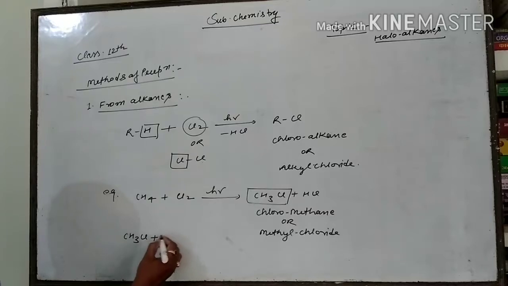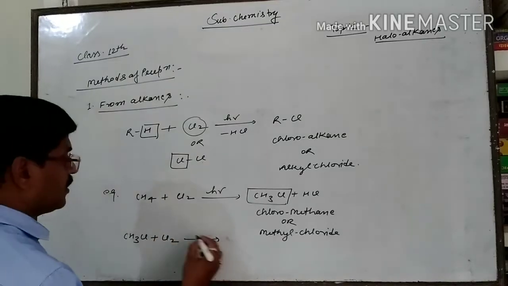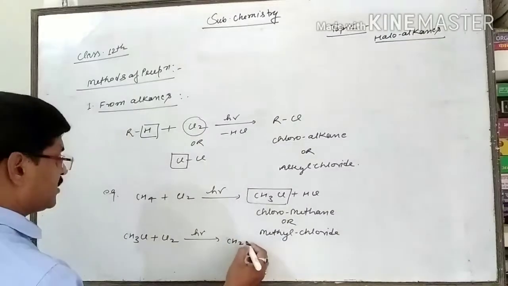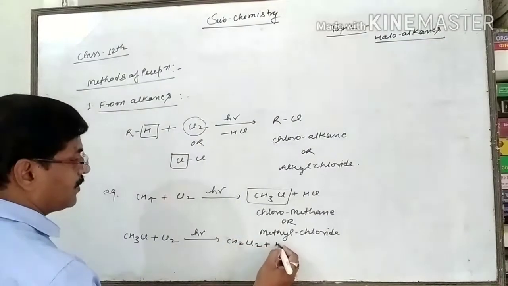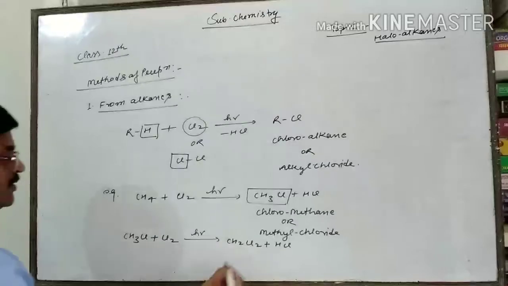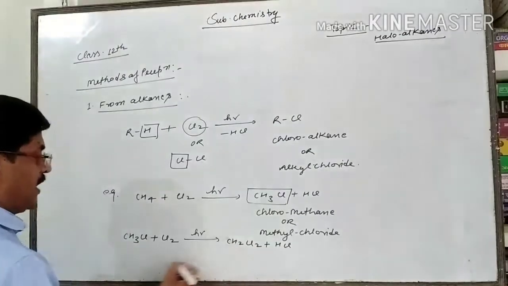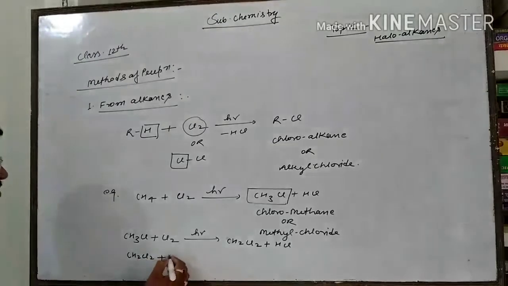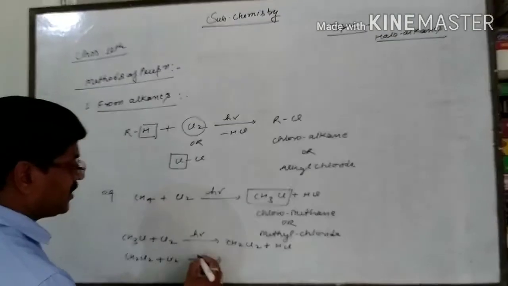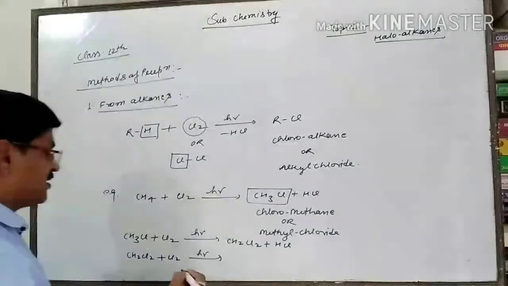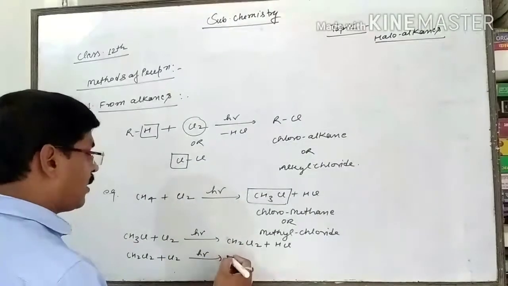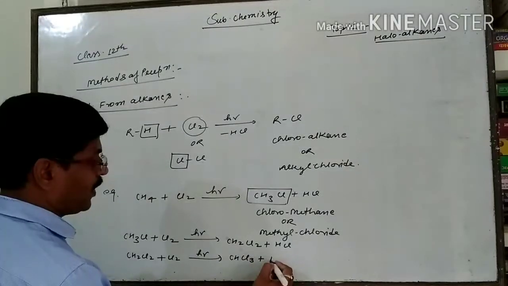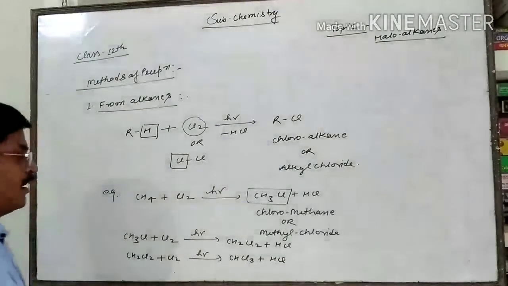Some more steps all of you have seen. CH3Cl, once again Cl2 passed here. It will give CH2Cl2 with formation of HCl. This is methylene dichloride. After that, in the third step, CH2Cl2, once again Cl2 passed in presence of sunlight. It will give CHCl3 with formation of HCl.